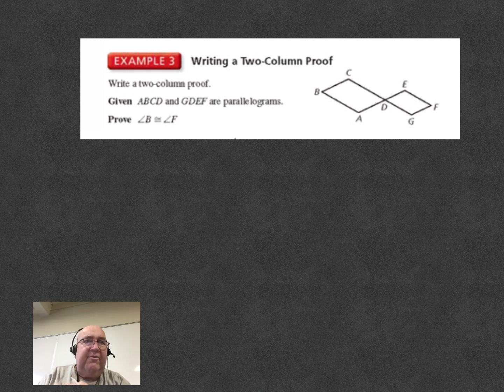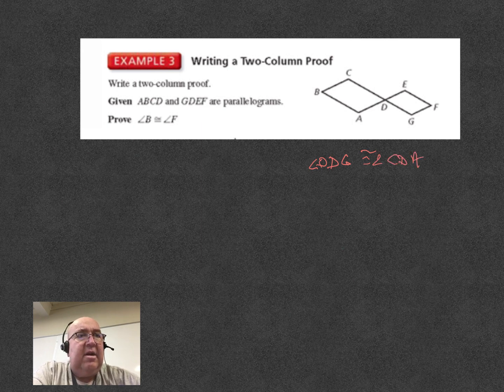So we want to prove that angle B and angle F are congruent. So here's what we're going to have. We know that EDG is congruent to CDA because of vertical angles.